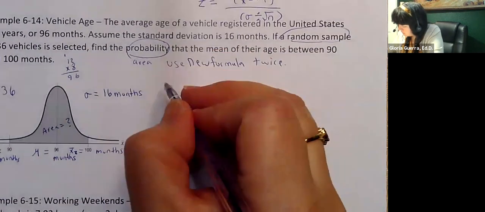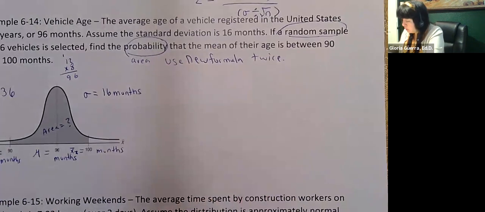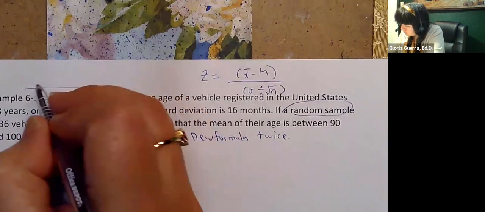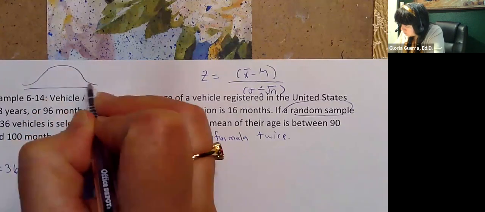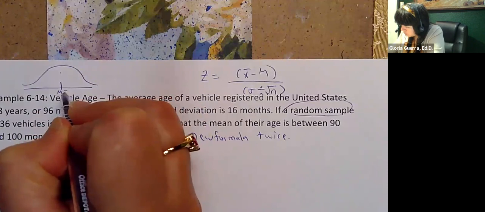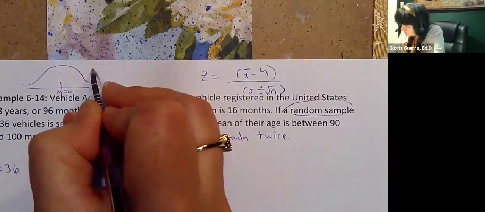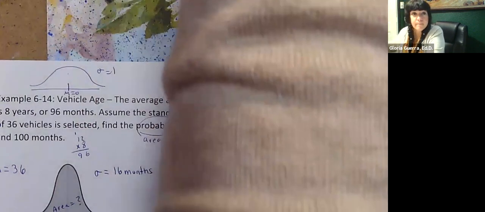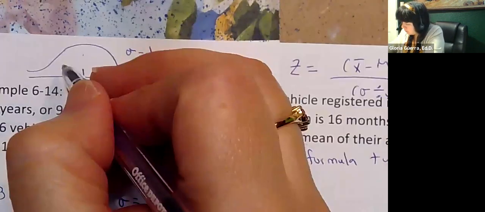To find these z's, let me do a sketch up here of our picture. In your picture, your mu will be 0 and your sigma will be 1. Let me draw this here.